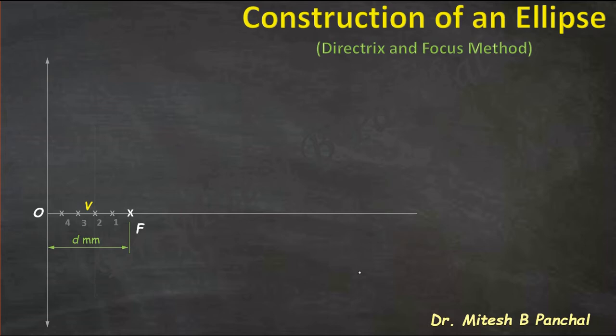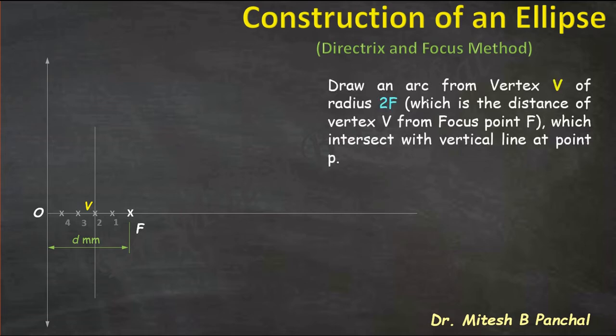Now, in the next step, draw an arc from vertex V. So consider V as a center and radius equal to 2f.